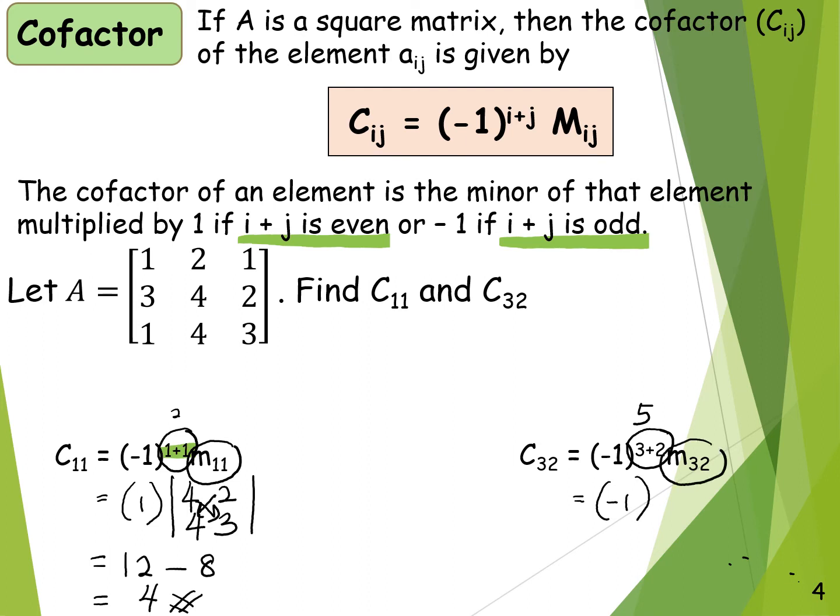And M32 means we delete the third row and the second column. So we need to multiply by the determinant of [1 1; 3 2]. Here we calculate negative 1 times 2 minus 3. So the answer is equal to positive 1.